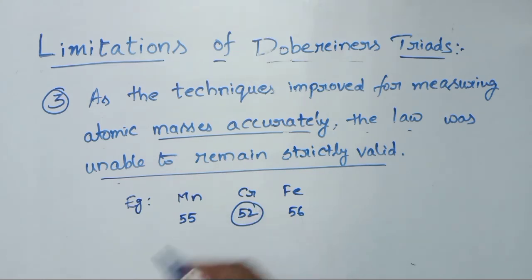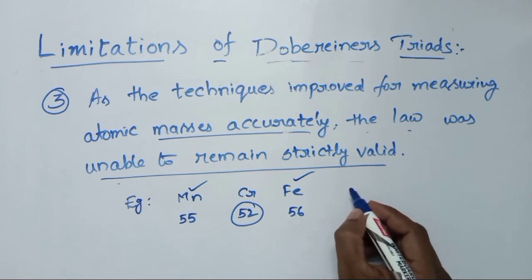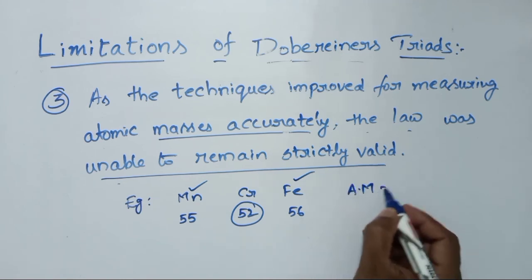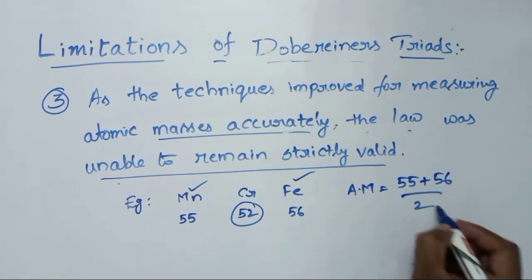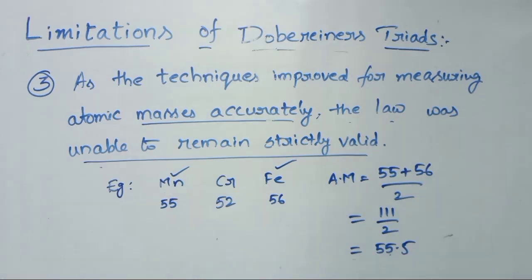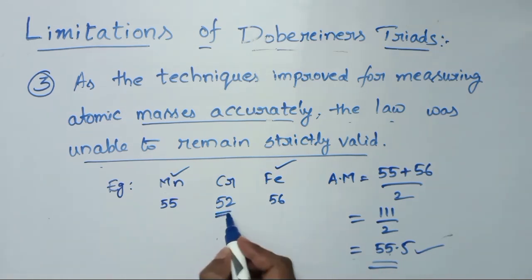If I want to find the atomic weight of chromium exactly, let us take the arithmetic mean of the two elements here: 55 plus 56 by 2 is equal to 55.5. The arithmetic mean of manganese and iron is 55.5, but actually the atomic weight of chromium is 52.